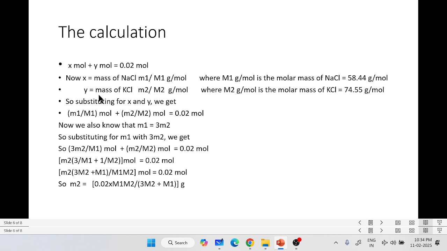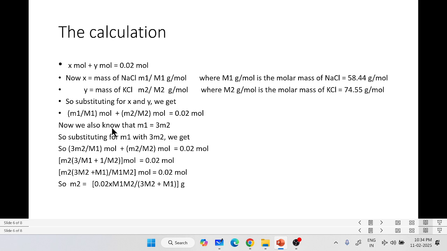Similarly, Y, the moles of KCl, is equal to the mass of KCl, M2, divided by its molar mass, capital M2, which is 74.55 grams per mole. So substituting for X and Y, we get this equation: M1 by the molar mass of NaCl plus M2 by the molar mass of KCl equals 0.02 moles.